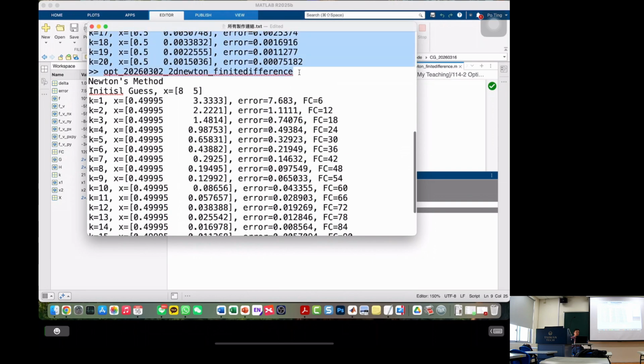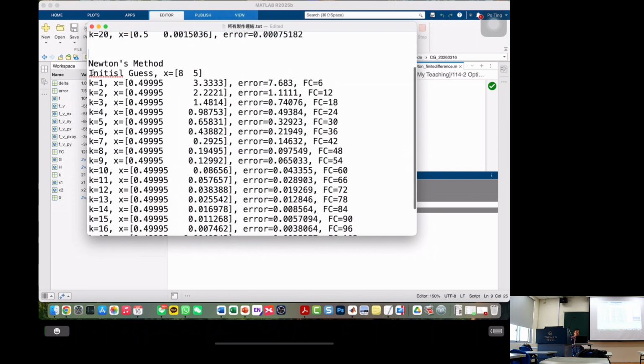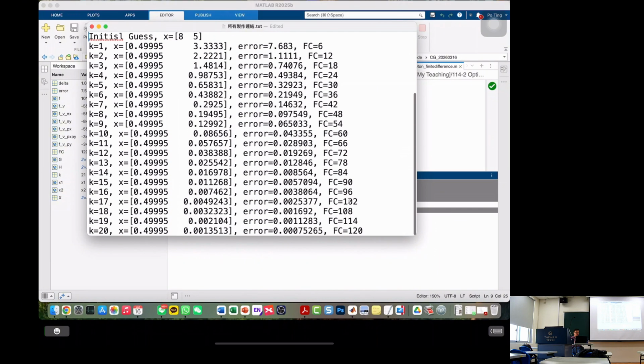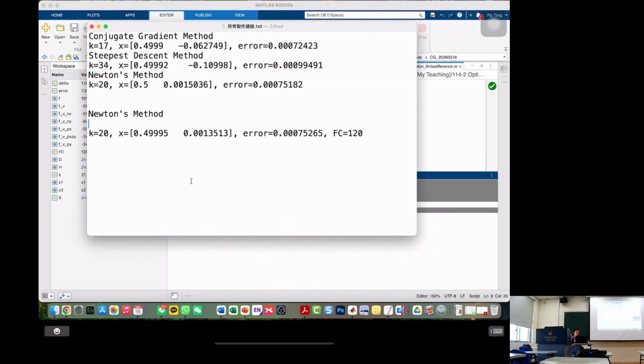Newton's method. Here. So with finite difference, this is the performance of Newton's method. Also, 20 iterations, function call 120 times.